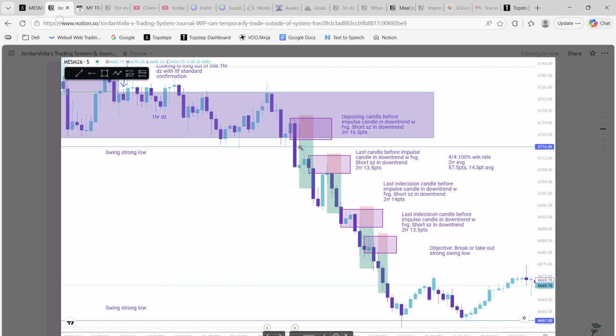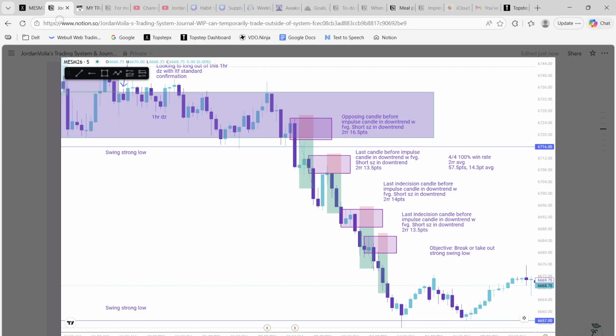Also, if you take this trade right here and you say that the current objective is to take out this low, then you can move your target to that low. That was around 720. So that would have been like a 60-point trade.